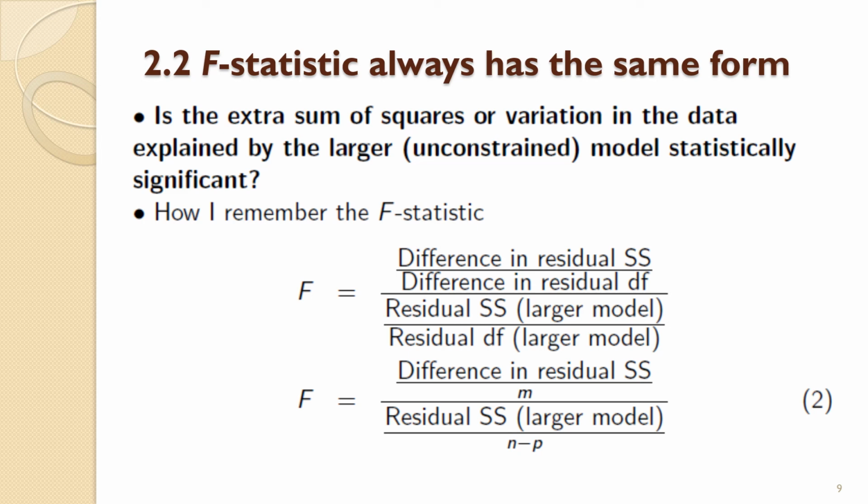So back to the maths then. The F statistic is expressed as follows in terms of the difference in residual sum of squares divided by the difference in the residual degrees of freedom, and then on the bottom line of this fraction is the residual sum of squares of the larger model divided by the residual degrees of freedom of the larger model.